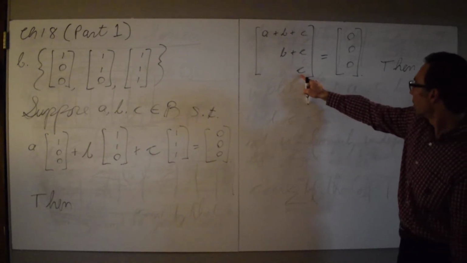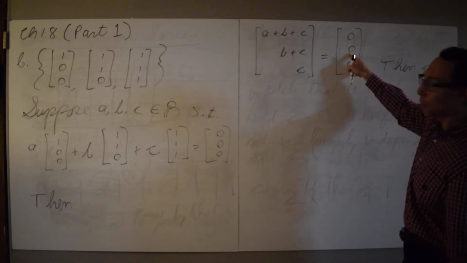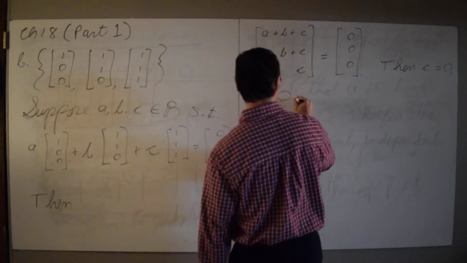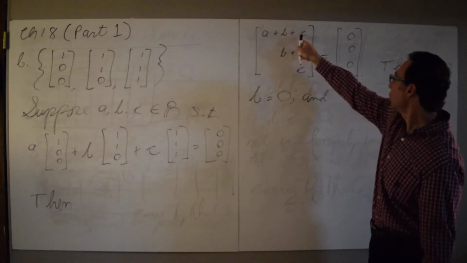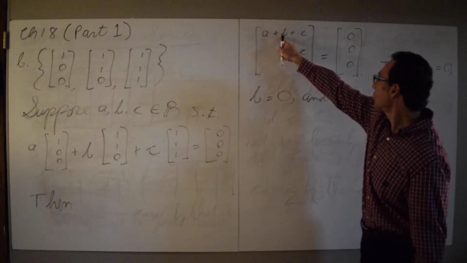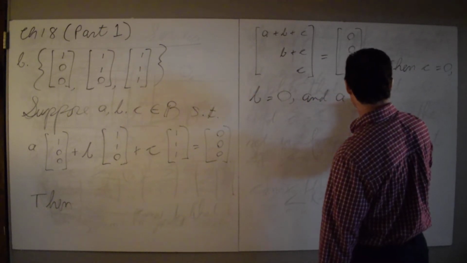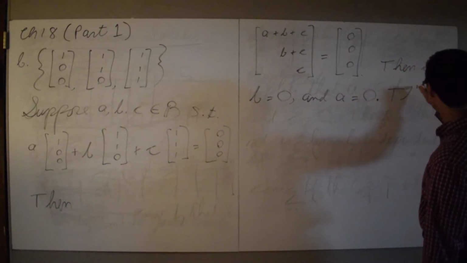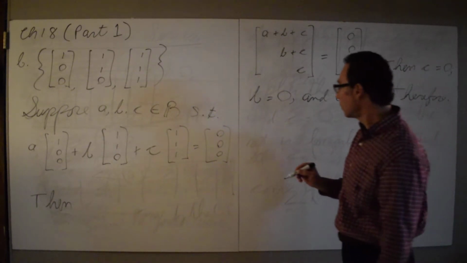Since C is equal to 0, and B plus C is also equal to 0, B is equal to 0. And finally, if B and C are both 0, and A plus B plus C is 0, then A is 0. Therefore, the set is linearly independent.